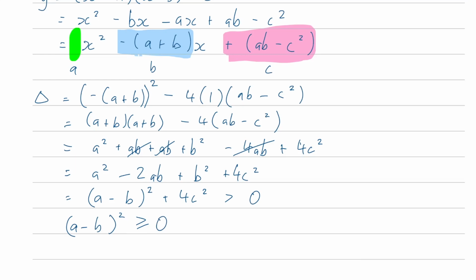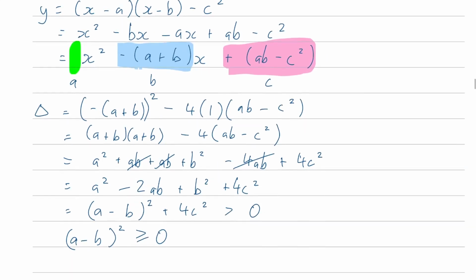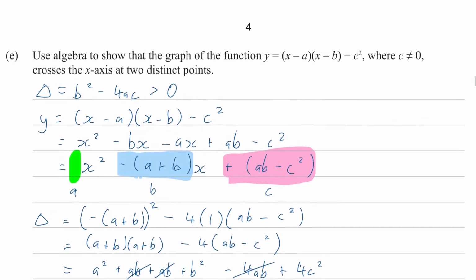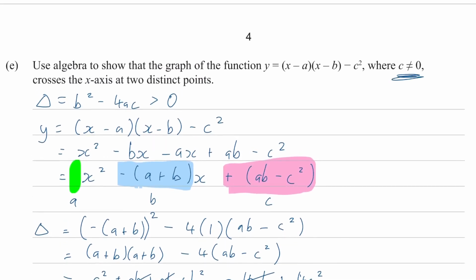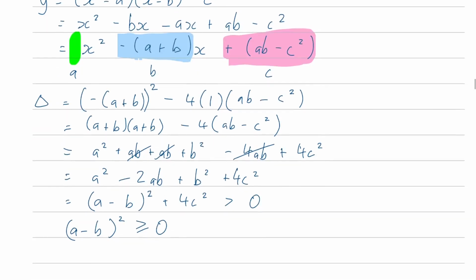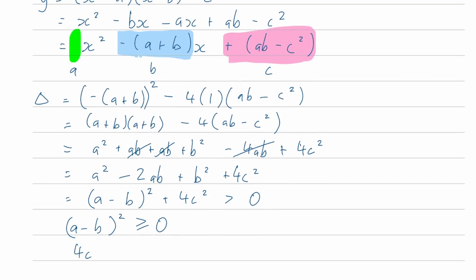Right? And now c squared, well, we know even if c is negative, since it's squared, that is positive. And in the question, they actually said c cannot be equal to 0, which means 4c squared must be strictly greater than 0.